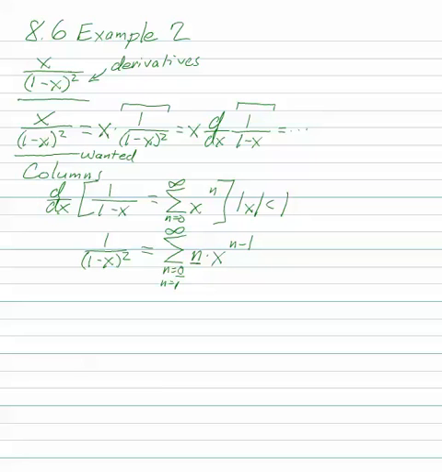Now we look back at what we wanted up here. The only difference is there's an x on top. So I'm going to take both sides of my equation and multiply them by x. On the left, that gives me the equation x over (1 minus x) squared. And on the right side, that gives me x times the series from n equals 1 to infinity, n times x to the n minus 1.